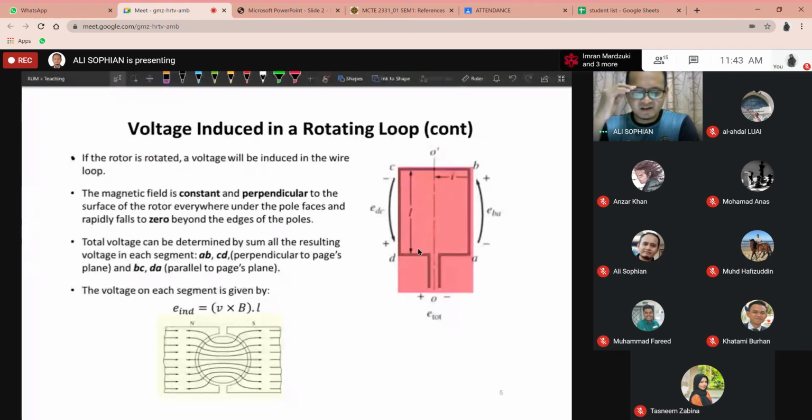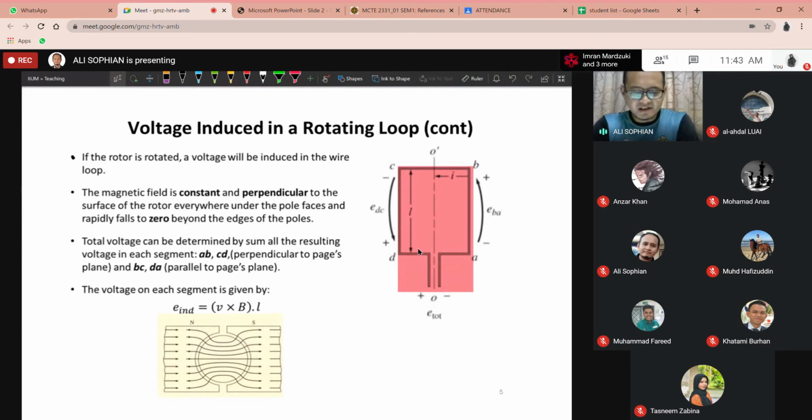Voltage induction will help us to understand how a generator works, while the torque induction is going to help us to understand how a motor works. Your understanding of voltage induction will also help you later on. It will be easier for us to understand the induction of torque because there are a lot of similarities.